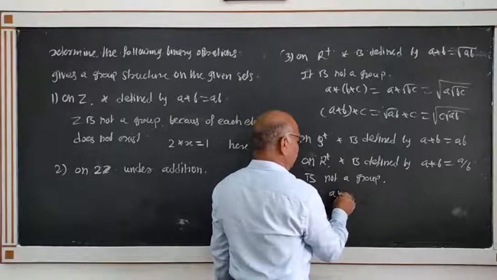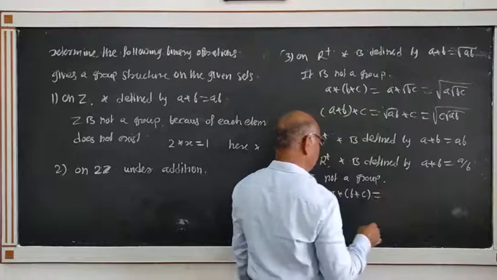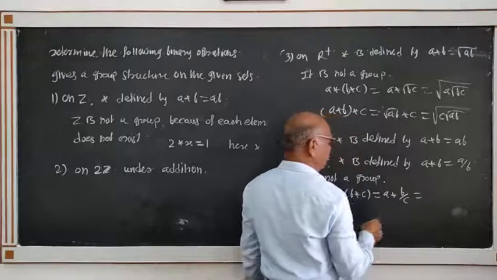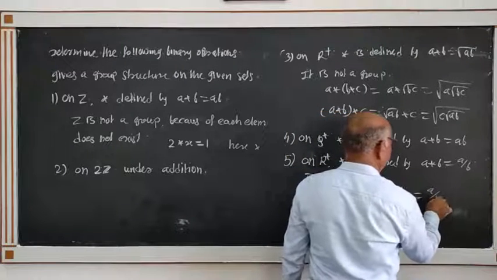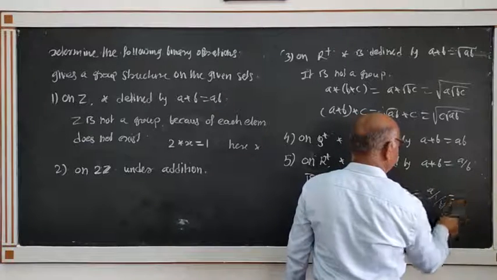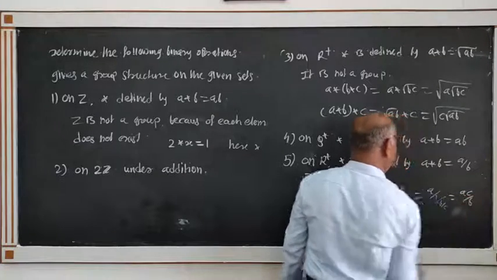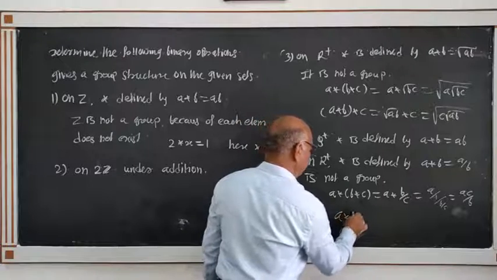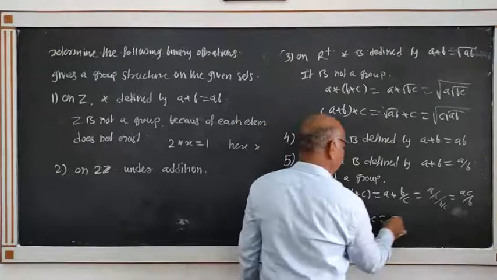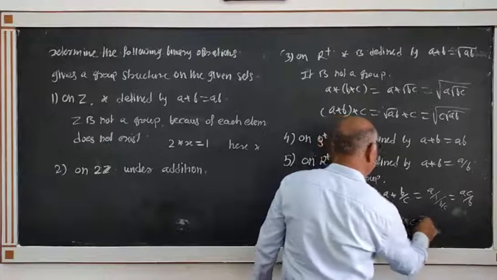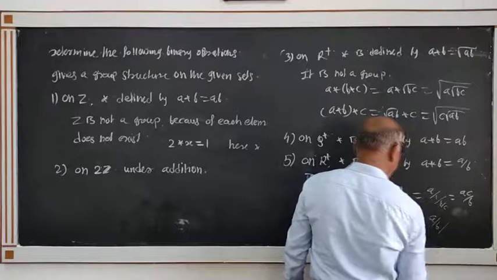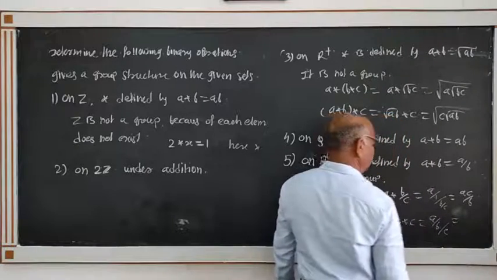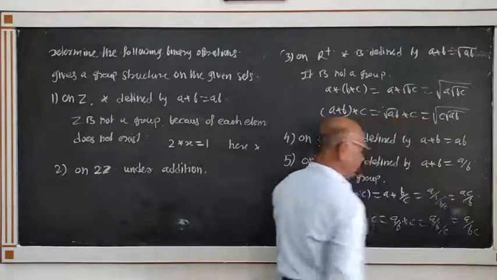Here (a * b) * c is equal to (a/b) * c, this is a/b divided by c, which is equal to a/(bc). And a * (b * c) is a * (b/c), this is a divided by b/c, which is equal to ac/b.